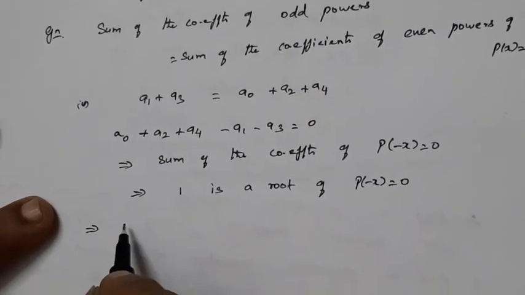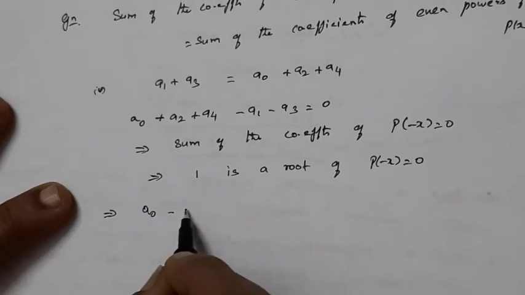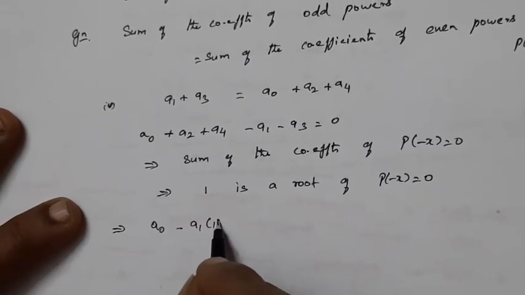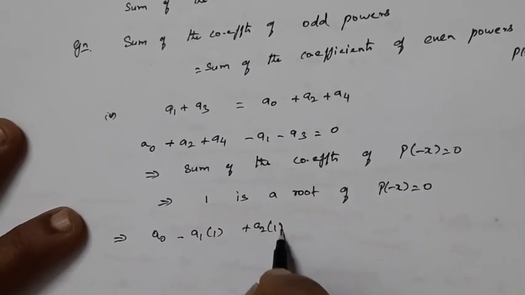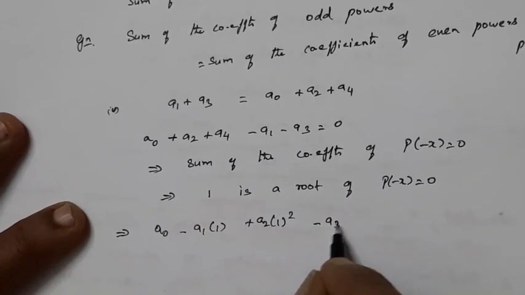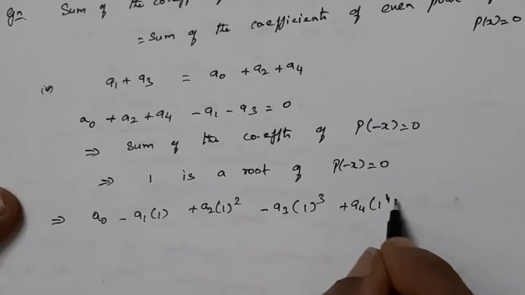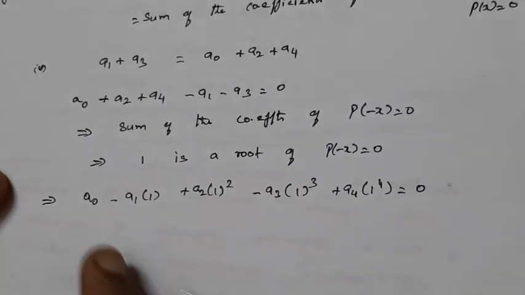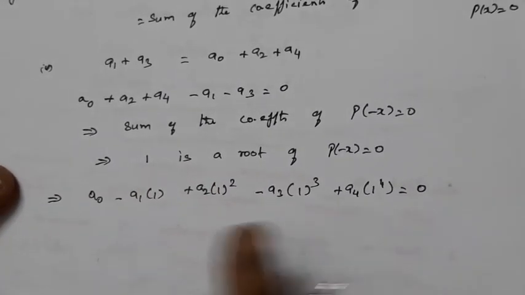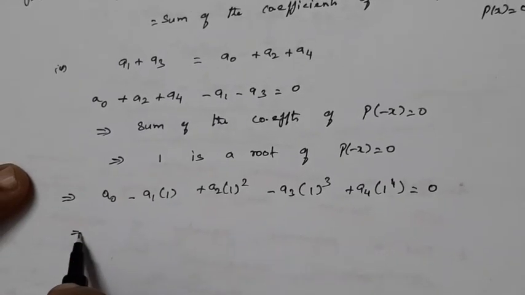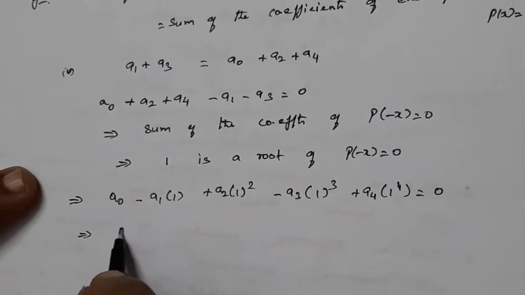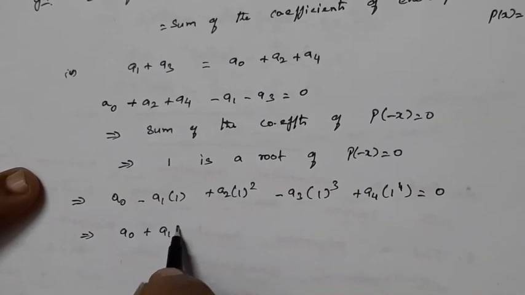So, this implies that a0 minus a1 into 1, then plus a2 into 1 squared, then minus a3 into 1 cube plus a4 into 1 power 4 is equal to 0, because 1 is a root, so it satisfies the equation. Now, I am going to alter this as a0 plus a1 into minus 1.